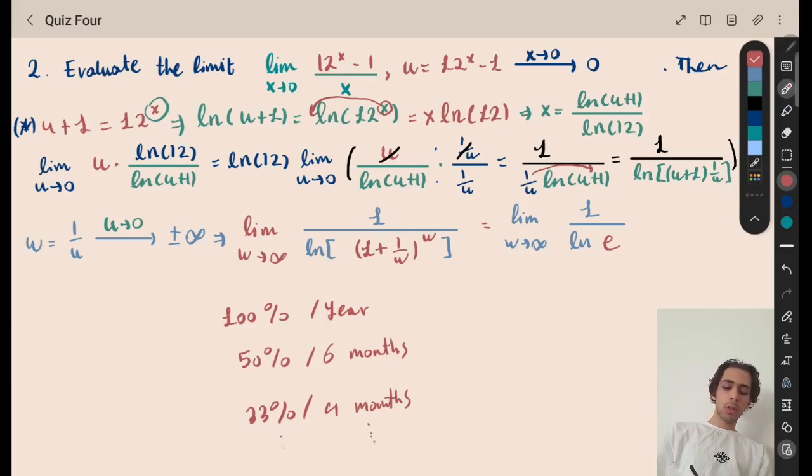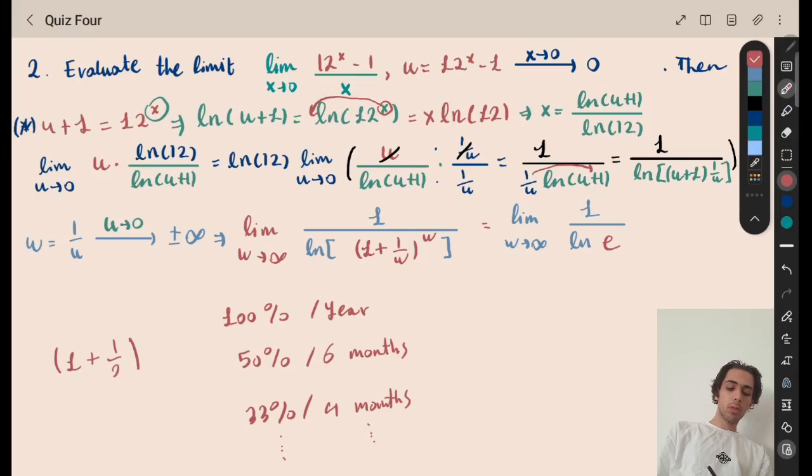So if you go very far off, you get something that looks like 1 plus 1 over w. If you accumulate every 6 months, then you accumulate twice.